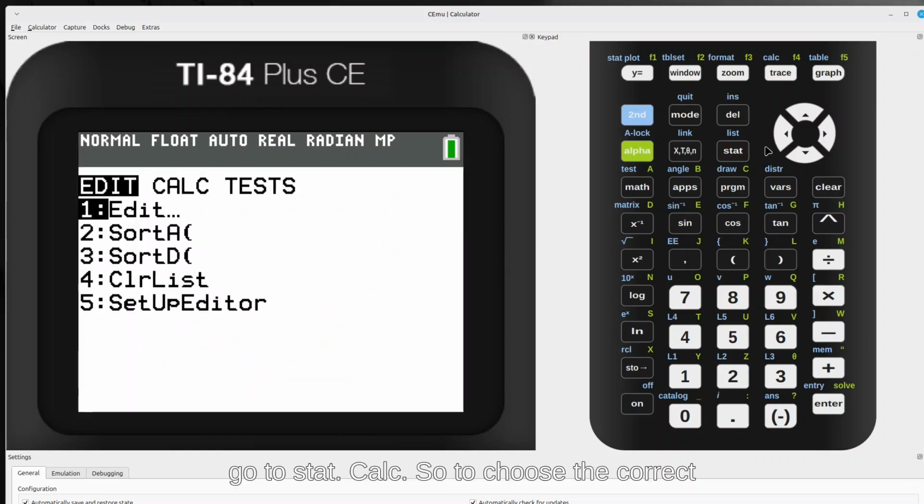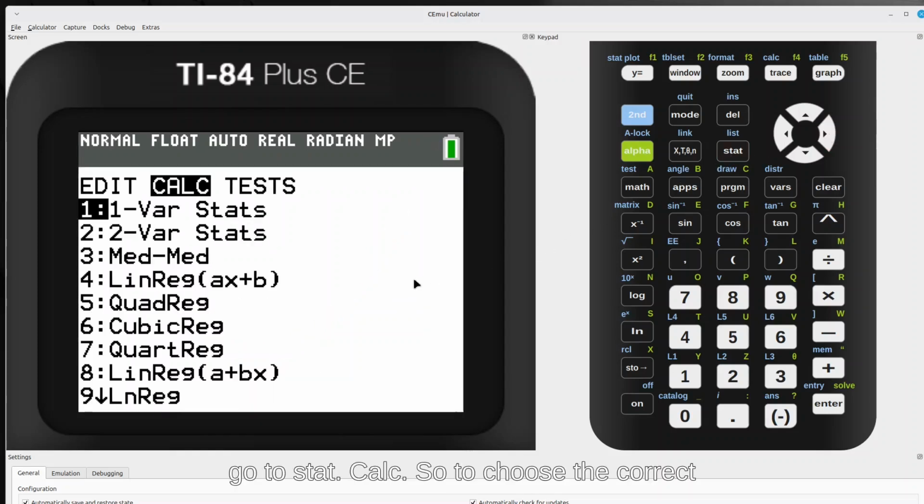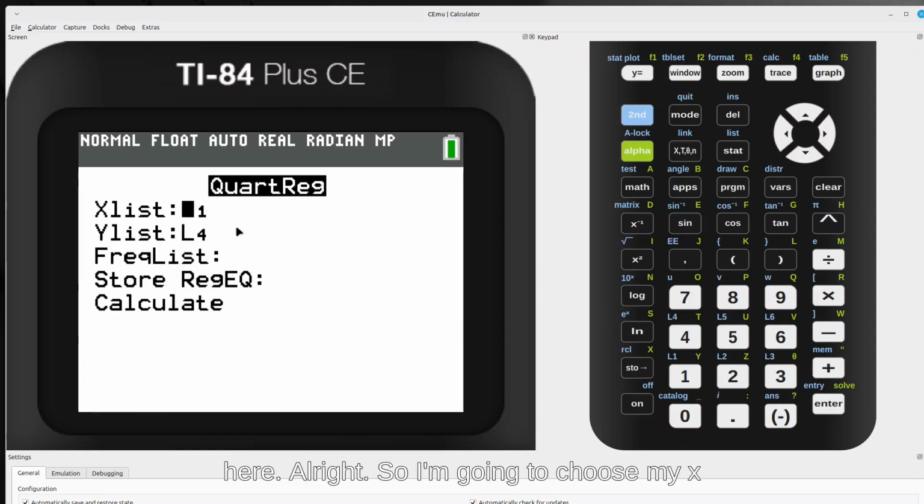We can go to Stat, Calc. So to choose the correct regression, I had a sum of 2 square roots. So the sum of 2 square roots then should be a quartic, or number 7 here. So I'm going to choose my x value as L1, my y value as L4. I want to store this value instead of just appearing on the screen.